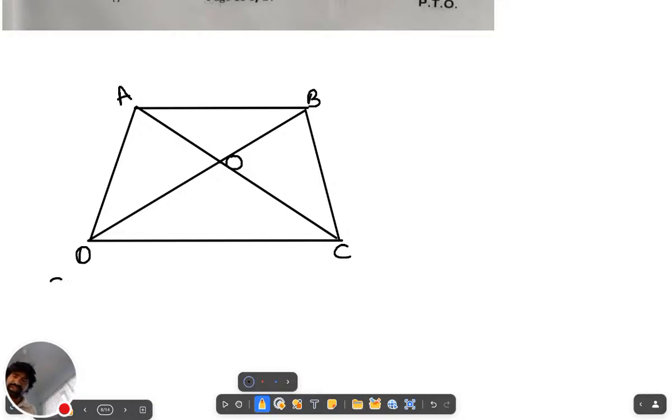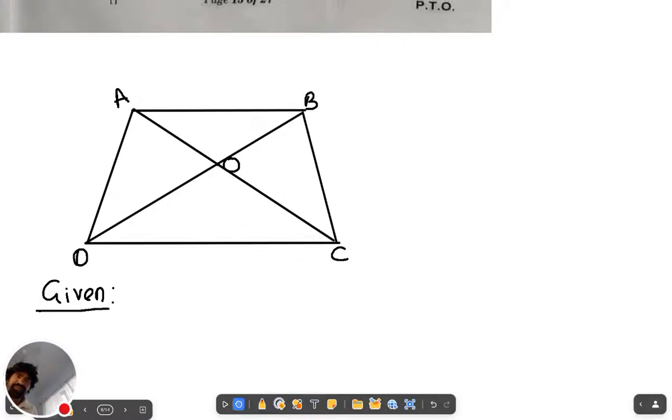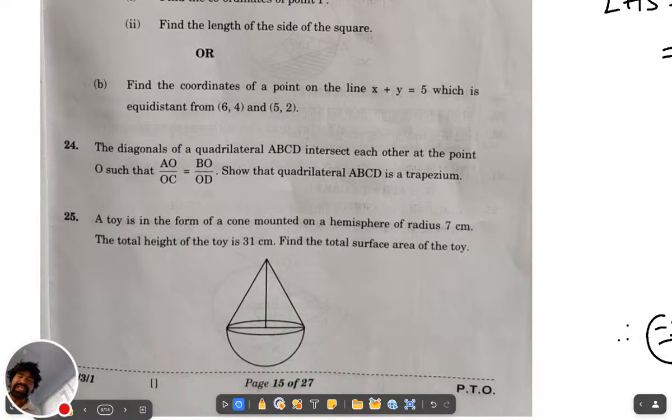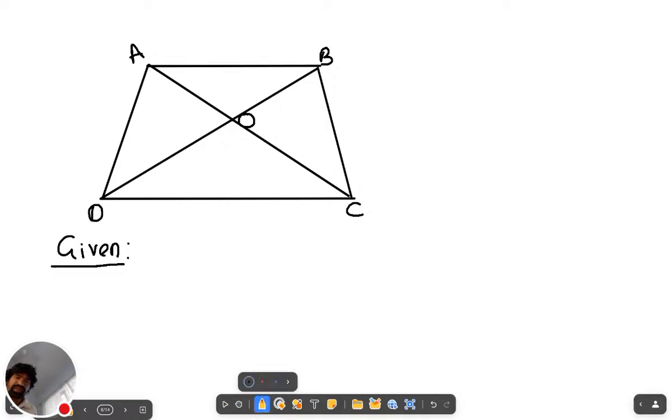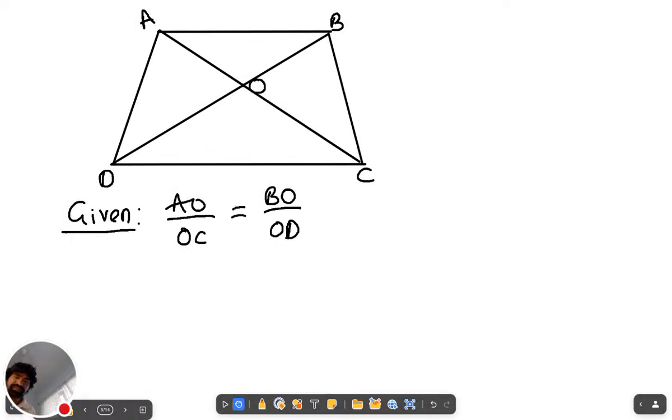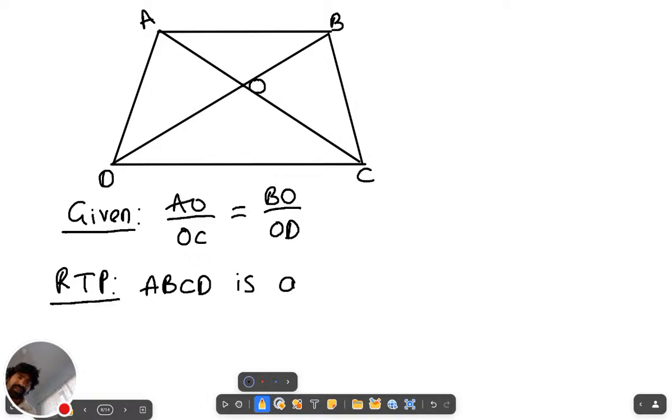So what is given here? It is given that AO by OC is equal to BO by OD. So what is required to prove? We have to prove that this ABCD is a trapezium.